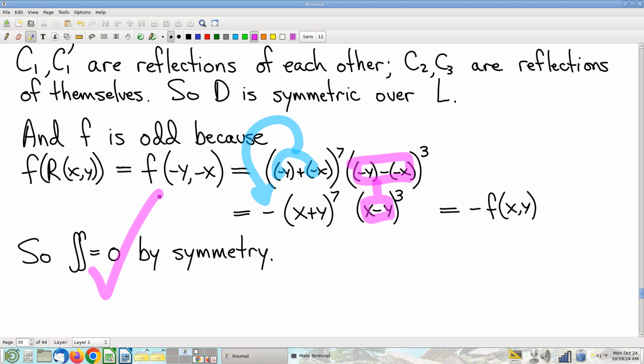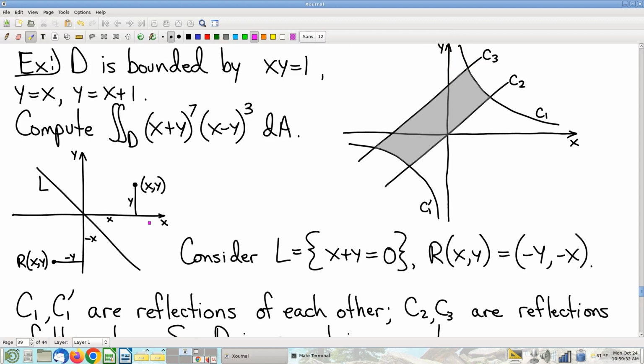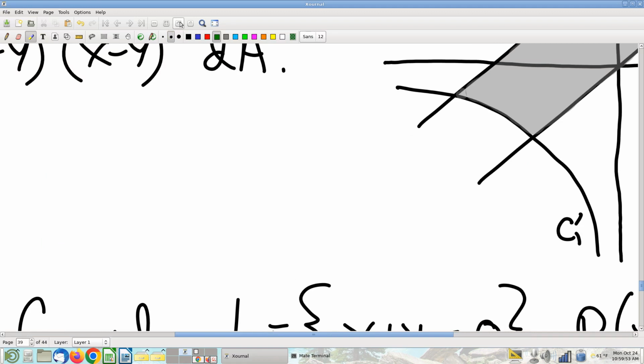Everybody okay? Yes. I'm still a little bit confused about how the R of X and Y is negative Y, negative X. Oh, yeah, so that's this picture up here. So here's my input point, X comma Y. Here's my reflection. And the claim that I'm making is that if I look at this rectangular frame, and there's X and there's Y, actually, I can zoom in because we're just looking at this one little part here.